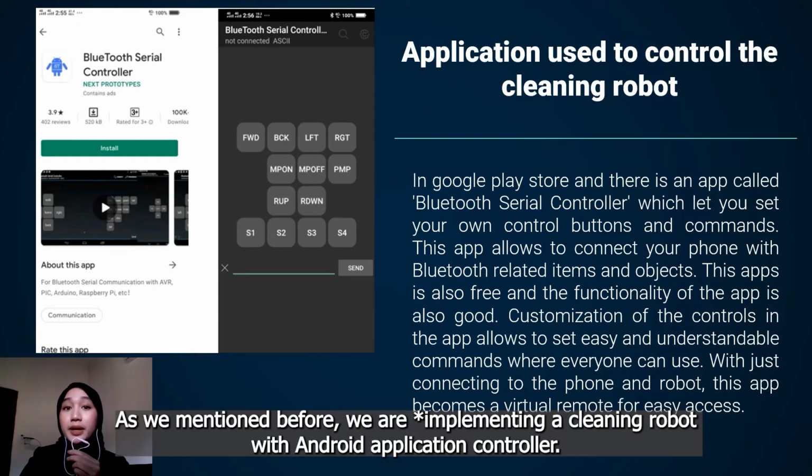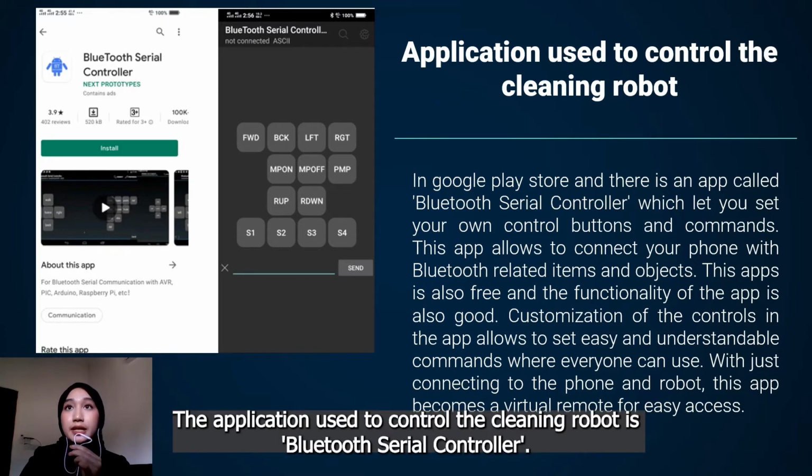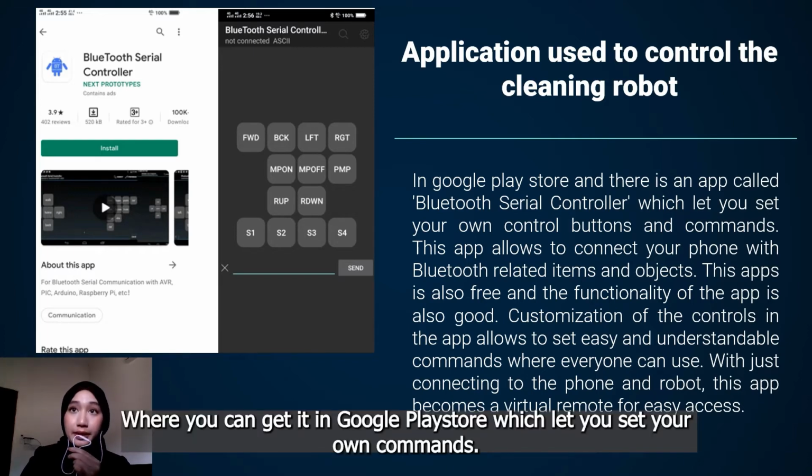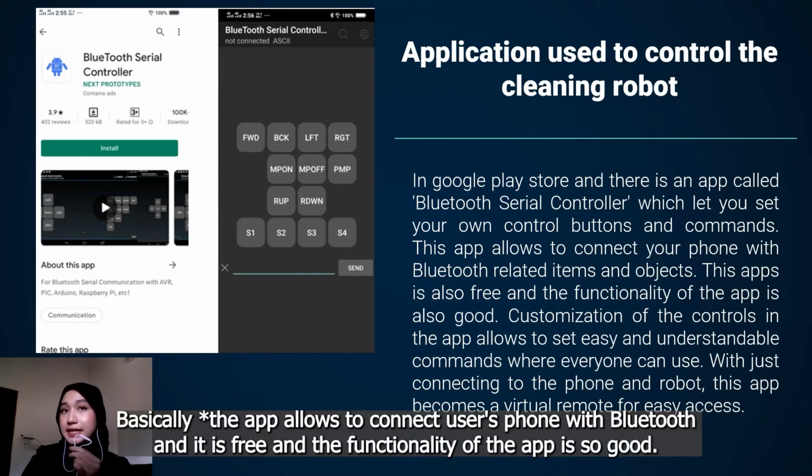As we know, we are making a cleaning robot with an Android application controller. The application used to control the cleaning robot is called Bluetooth Serial Controller, which you can get from the Google Play Store, and it lets you set your own control buttons and commands. Basically, this app allows you to connect your phone via Bluetooth, and it is also free, and the functionality is very good.